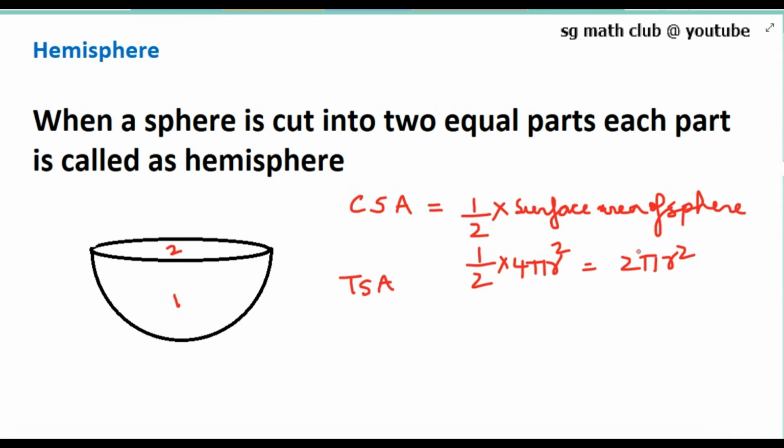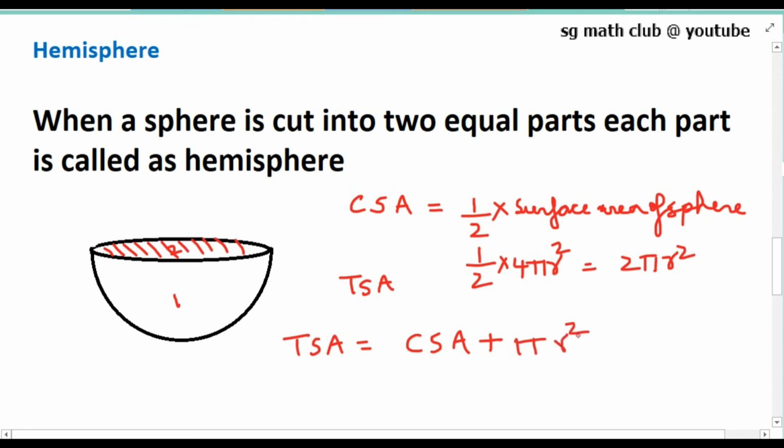Now total surface area of the hemisphere means, along with this curved surface area, we need to add area of this base also, the flat face which is circular, and area of that base is nothing but area of the circle, and area of the circle is pi r square.